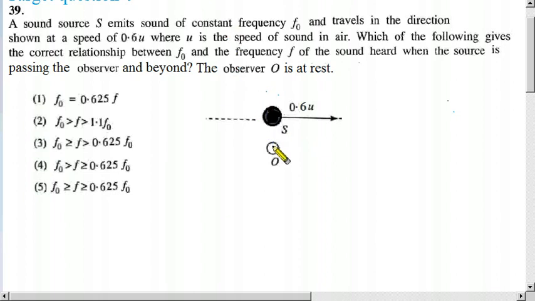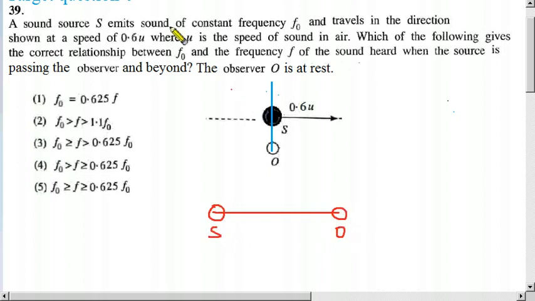If it is moving perpendicular, no frequencies change. So first of all, you have to connect the center points of the observer and source using a straight line and check whether it is moving along this line, away or towards. Nothing like that is happening; it is moving perpendicular to the straight line connecting the observer and the source.